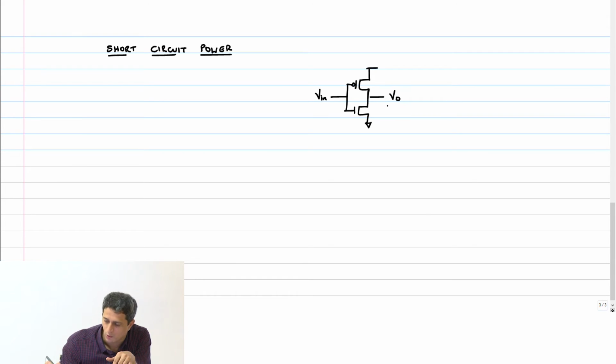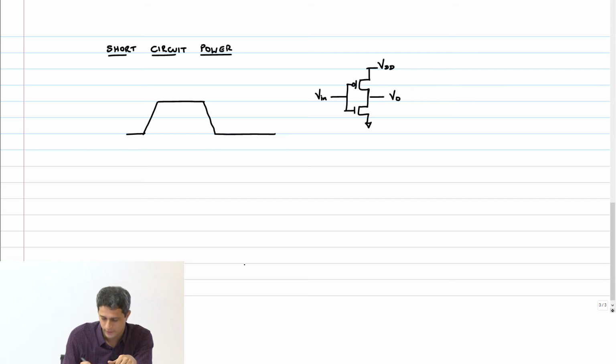V in, V out. So my input, as I told you, is going to go like this. Okay, V in. So let's now plot the current IVDD.